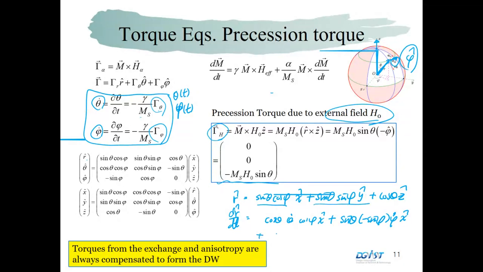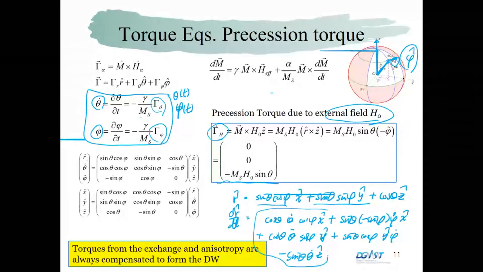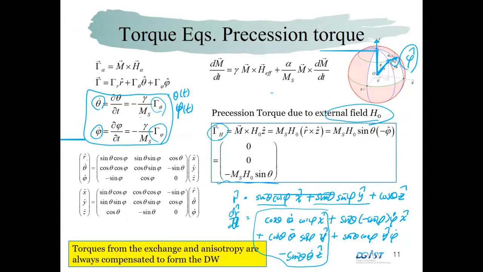And the second term here is cosine theta theta-dot sine phi y plus sine theta cosine phi phi-dot y, and minus sine theta theta-dot z. It looks very complicated, but if we take out the theta dot together, all these terms have a theta dot.